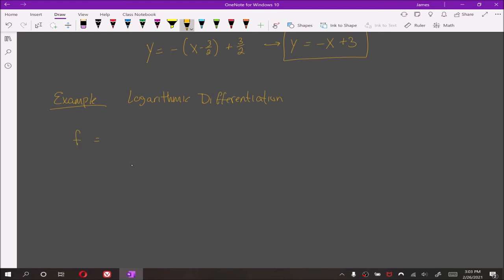So let f(x) be the function (x plus 1) squared times (2x squared minus 3) all over the square root of x squared plus 1, and we want to find f prime. Now, normally, this would require quotient rule, and then we'd have to do product chain, right? So this is actually a really tedious derivative to take on its own.